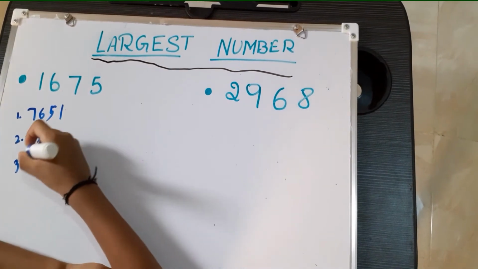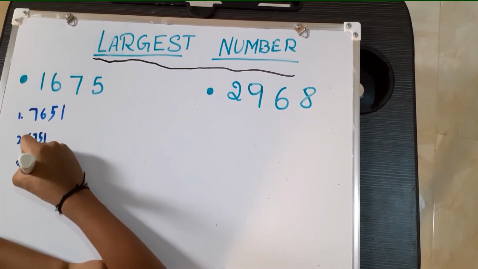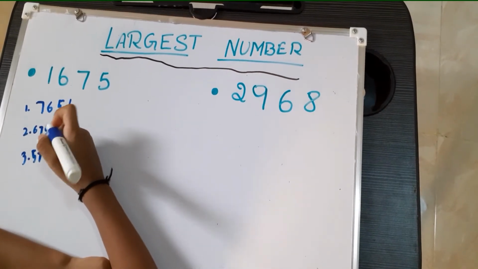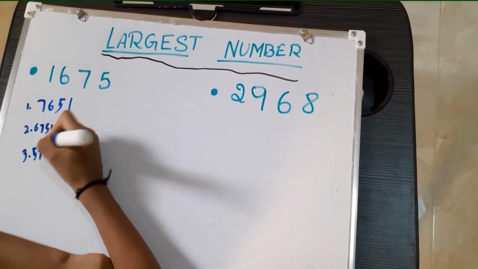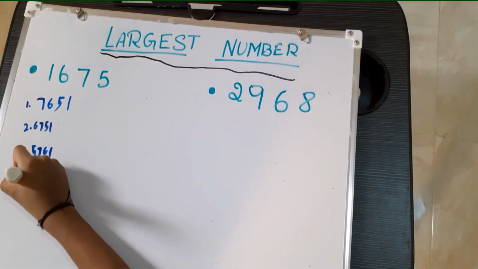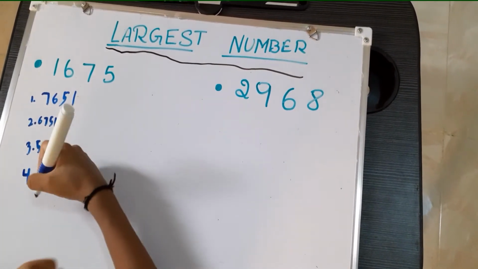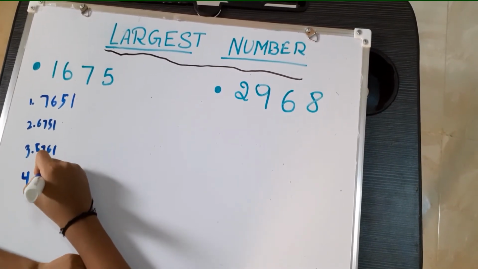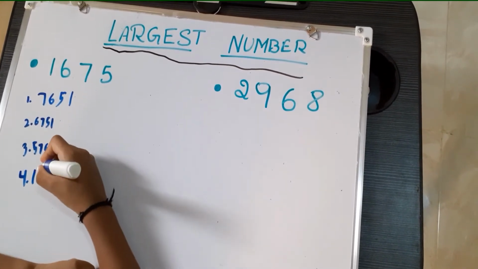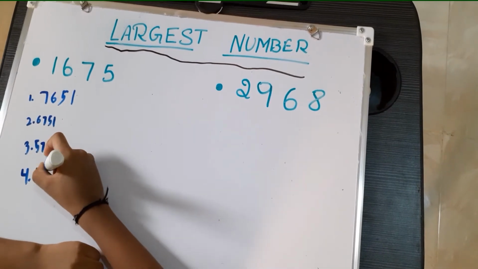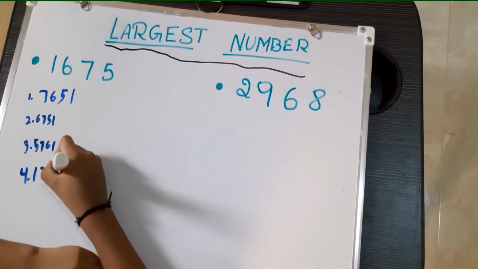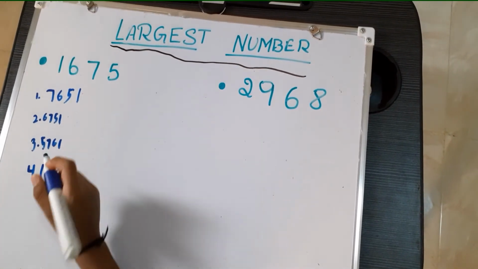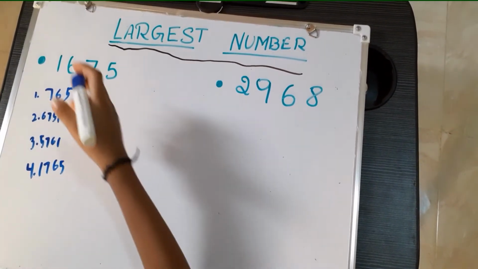It is 5,761. And what is the fourth largest number? It is 1,765. So that is all the numbers for here.